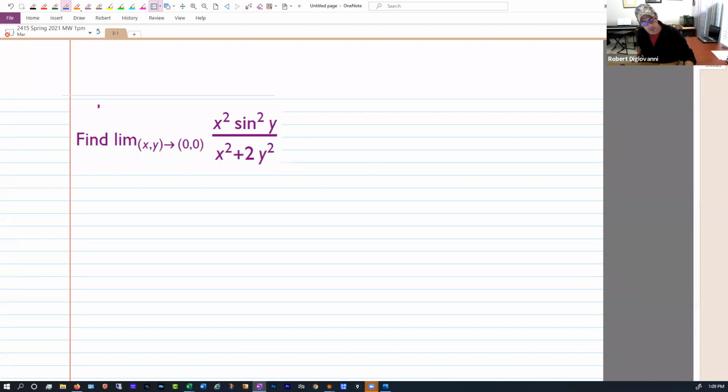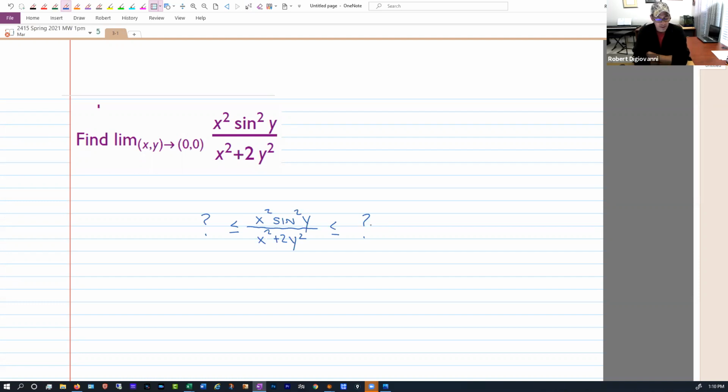So this is the thing that we eventually need to squeeze, right? We need to come up with a way to squeeze this between two things. And it's up to us to determine what those two things are. And then we'll take the limit and hope we get that the two ends go to the same thing.